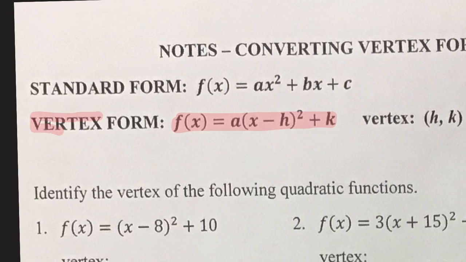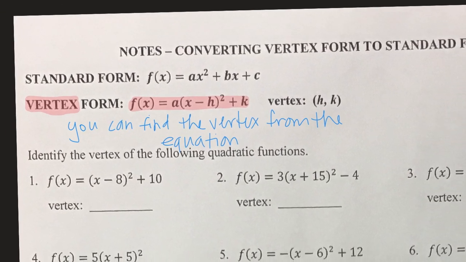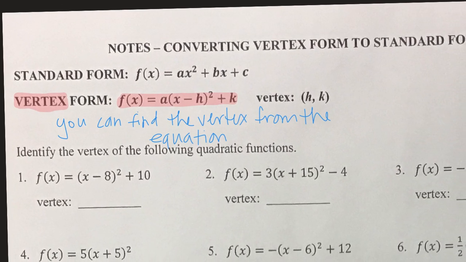If we have a graph or an equation in vertex form, then you can pretty much know exactly what the vertex is by looking at the equation. And since the vertex is a pretty important part of your parabola, the graph of a quadratic, it's nice to know what the vertex of your equation is.